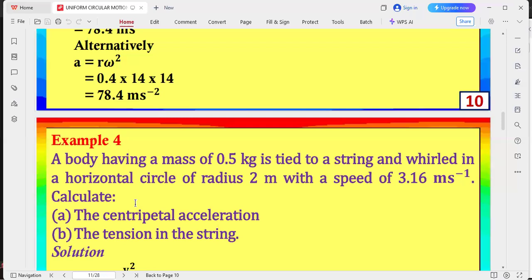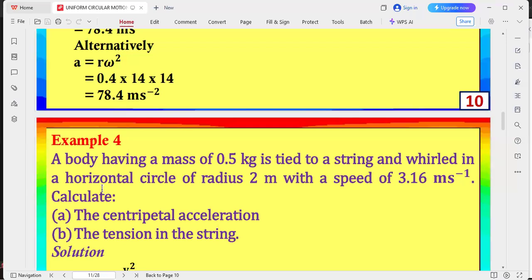So the second way of finding centripetal force is F equals m omega squared r. The first one is F equals mv squared over r.